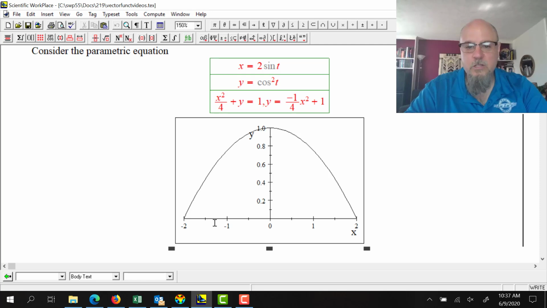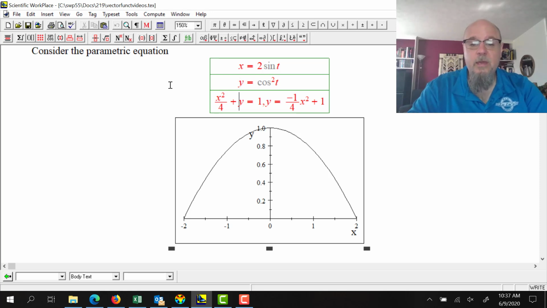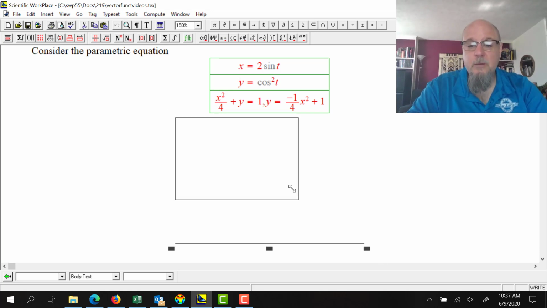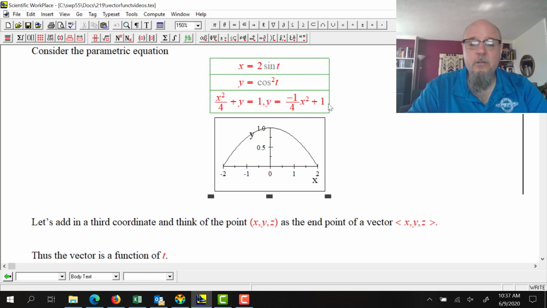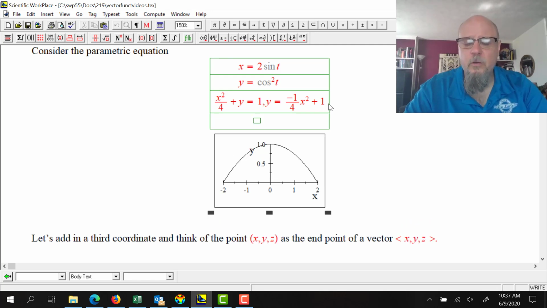There's my parametric equation. Now, to turn it into a space curve, I'm going to be in 3D. But let's work on this a little bit more.